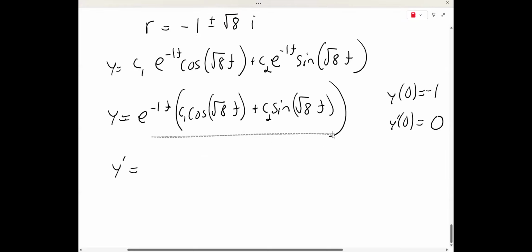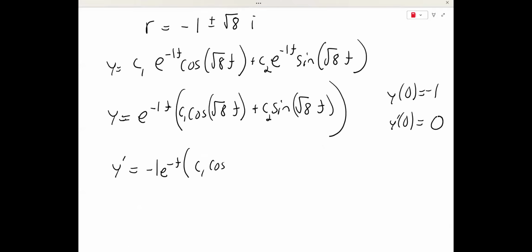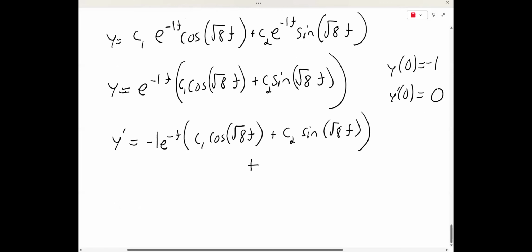You have to use the product rule to take the derivative here. So take the derivative of the first part, that'd be negative 1 e to the negative t, then you keep the second part. Plus, that's half of it. Now this time keep the first part, which would be e to the negative t, and take the derivative of the second part with respect to t.